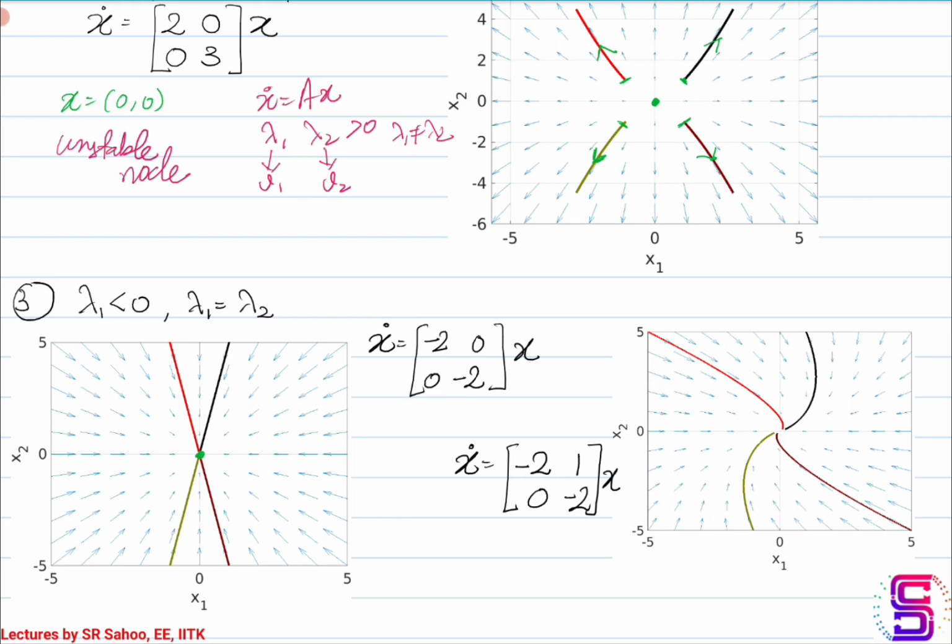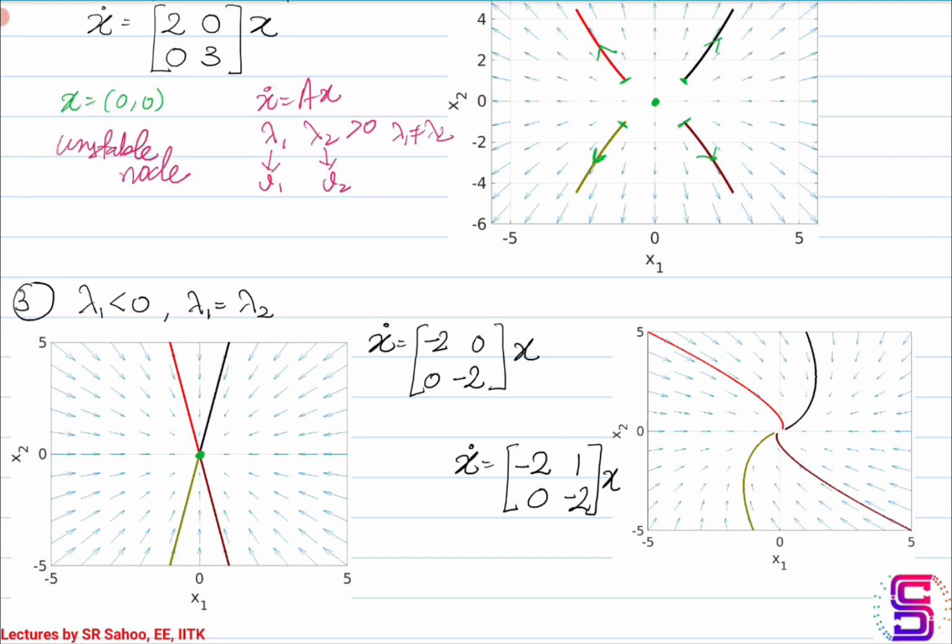But now notice, if you compare the case when you had distinct eigenvalues with the case where you have the same eigenvalues, what happens is you essentially see trajectories which are straight lines, from the initial point to the origin.